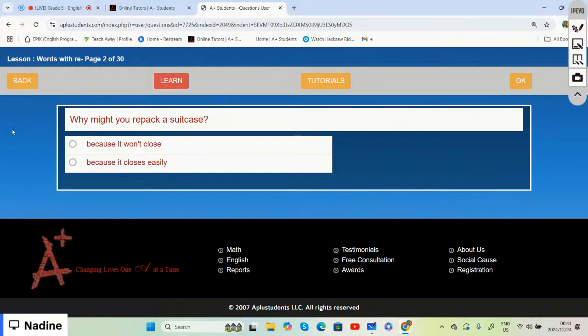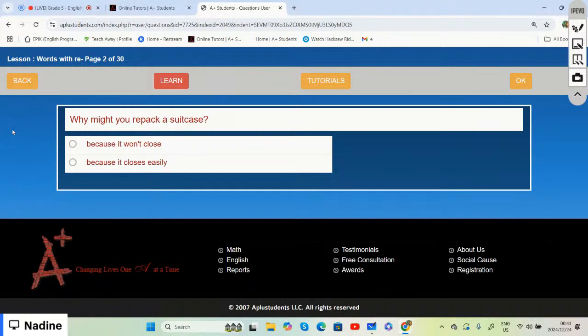Now the next one says, why might you repack a suitcase? Is it option one, because it won't close, or option two, because it closes easily?